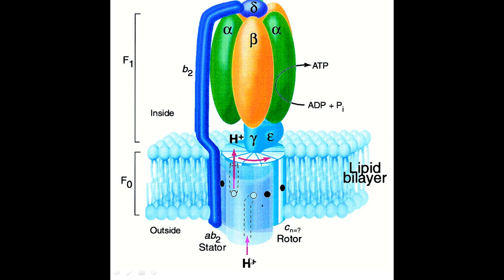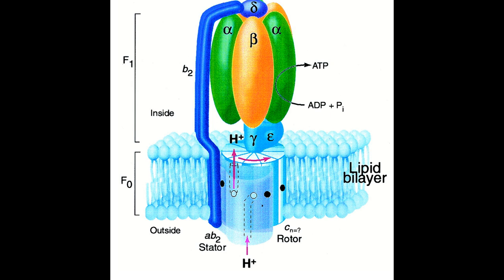When the hydrogen ion protonates the aspartate amino acid, it creates a potential, more of a membrane potential around the C subunit, and that potential enables the C subunit to rotate through an angle of 120 degrees.